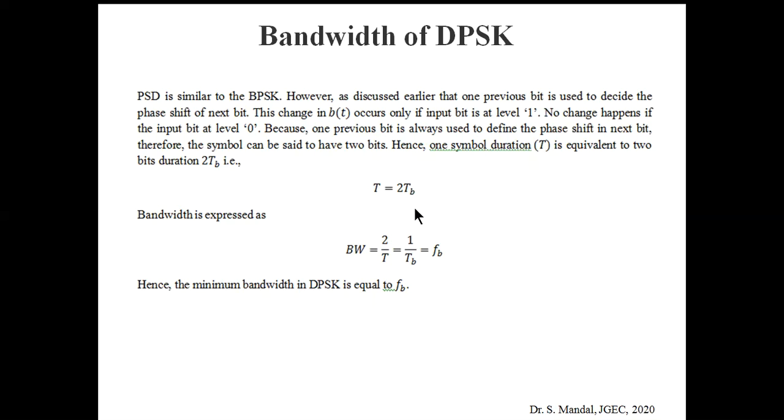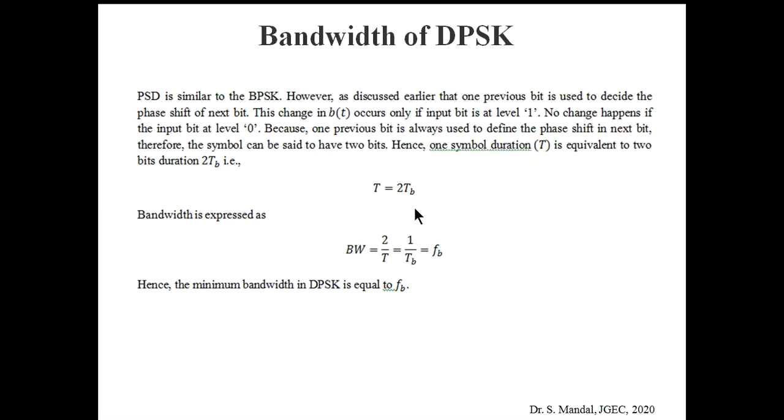So one symbol duration is equivalent to 2 bit duration, that is 2 into TB. Again I am saying that depending on the previous bit, the phase shift of the current bit will happen. So by considering this logic, one previous bit is always needed. One previous bit is always used to define the phase shift of the next bit.